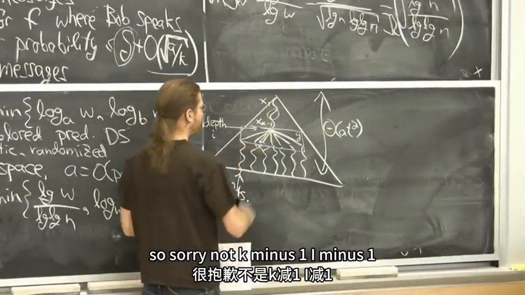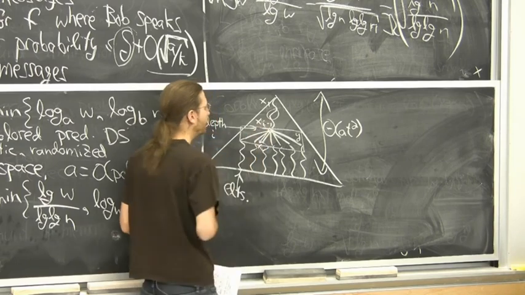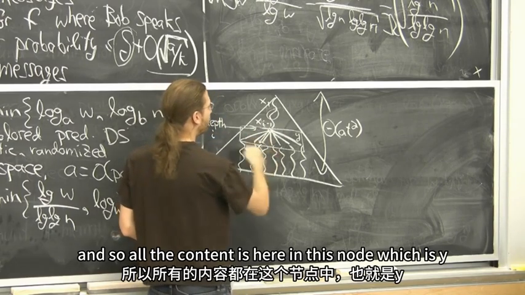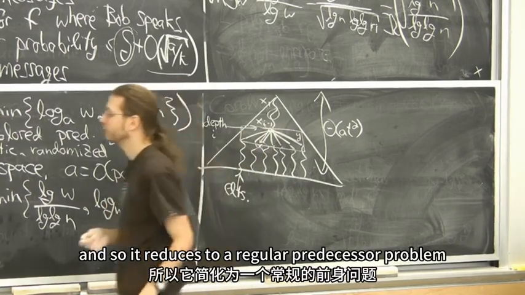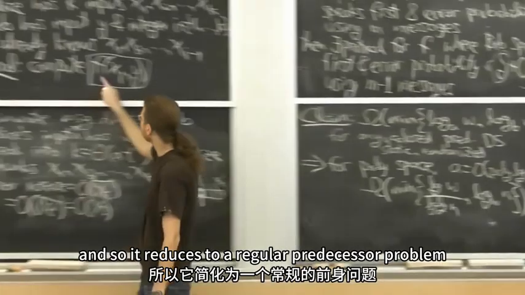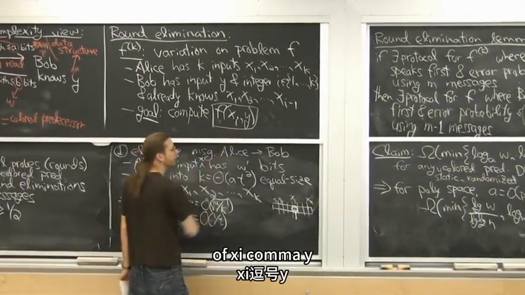So, sorry, not k minus 1, i minus 1. And so all the content is here in this node, which is y. And so it reduces to a regular predecessor problem, which is what f will always denote, colored predecessor of xi comma y.